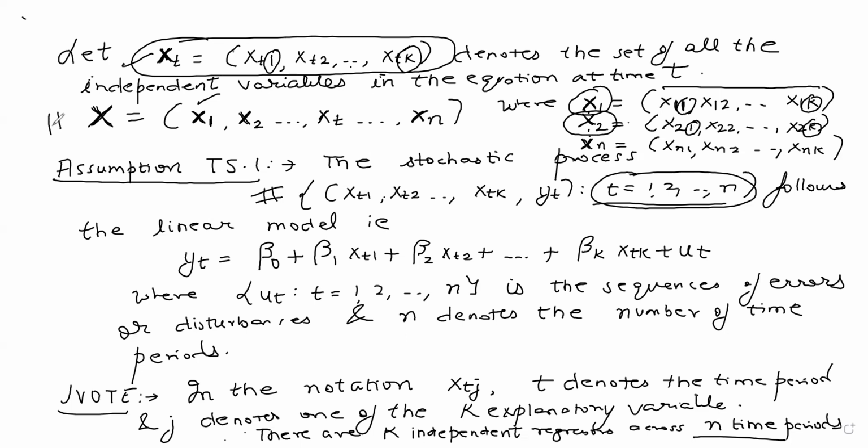And capital X denotes the set of all possible vectors across different time periods, where x1 is the vector for time period 1, x2 is the vector for time period 2, and I have n such time periods. So xn is the vector in time period n.